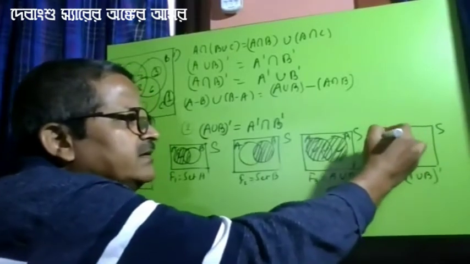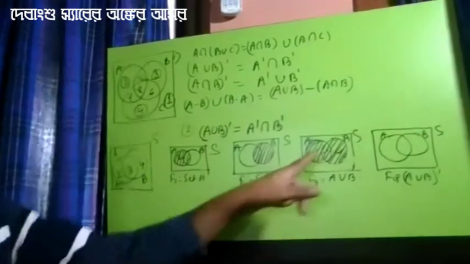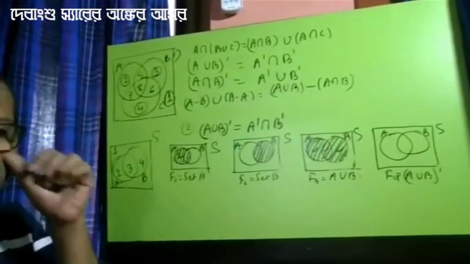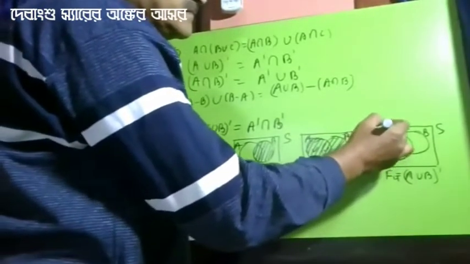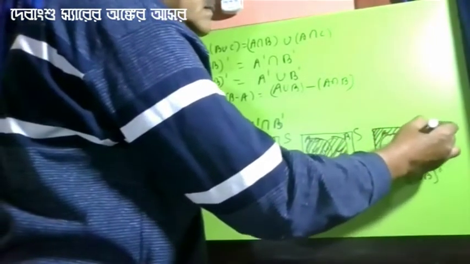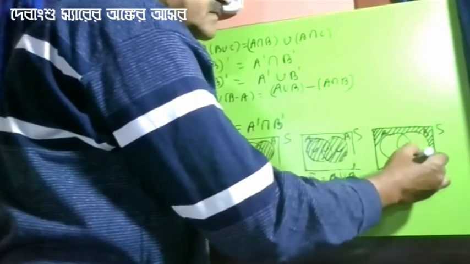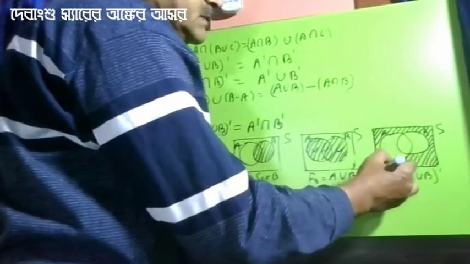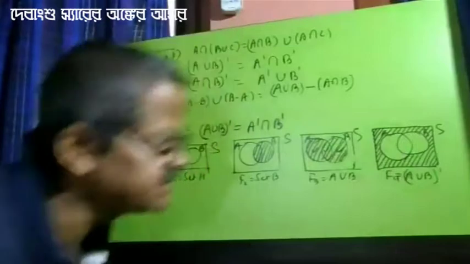So this is A, this is B, this is A union B. I am taking the complement of A union B, so I have to shade the portion outside A union B. So this portion is shaded.